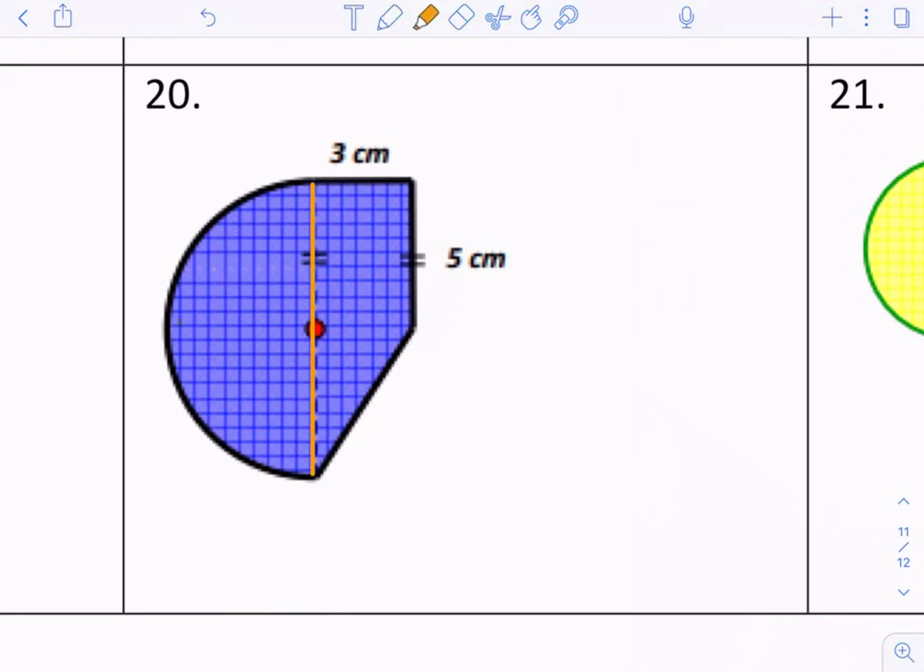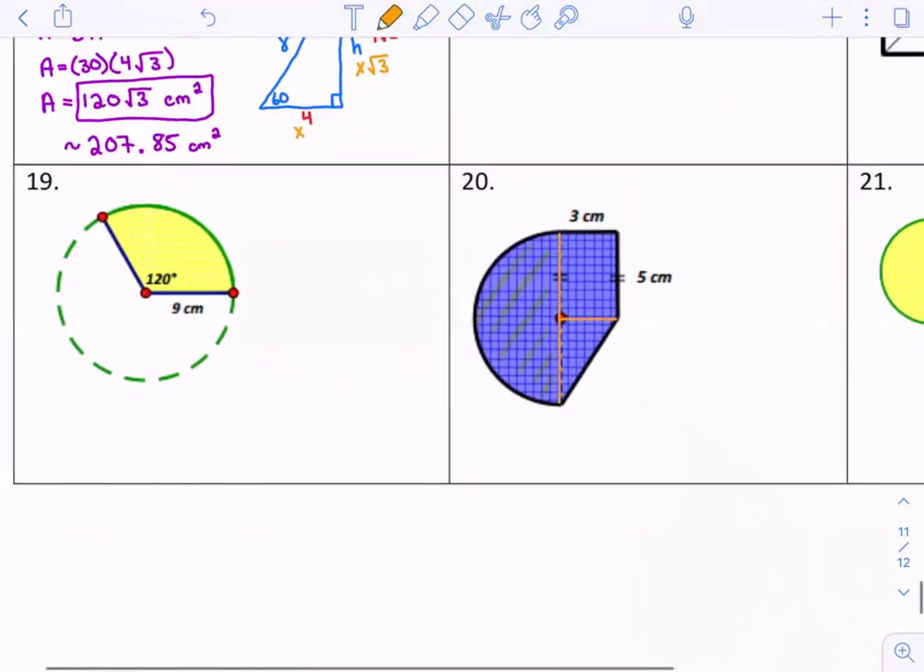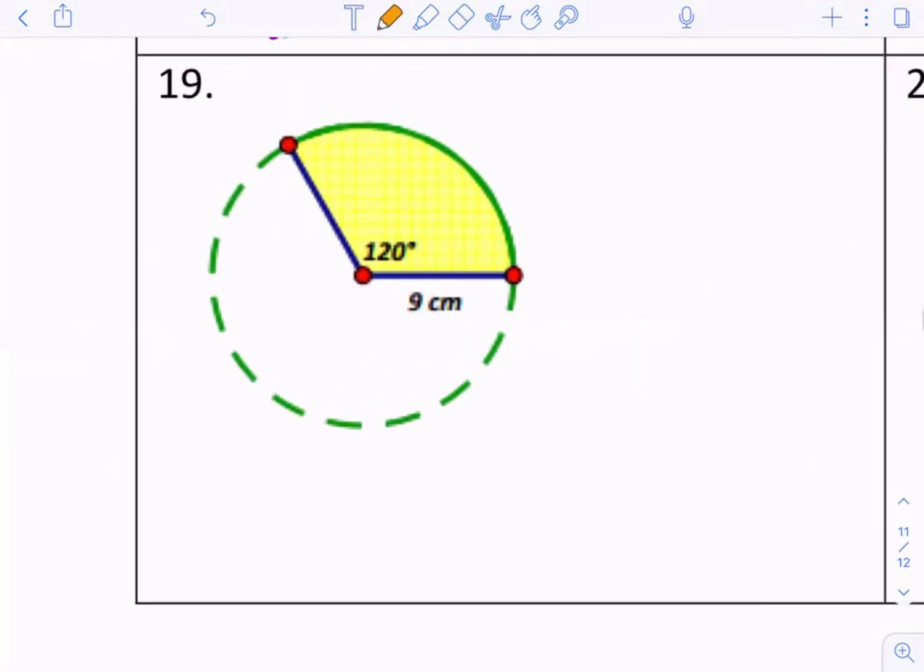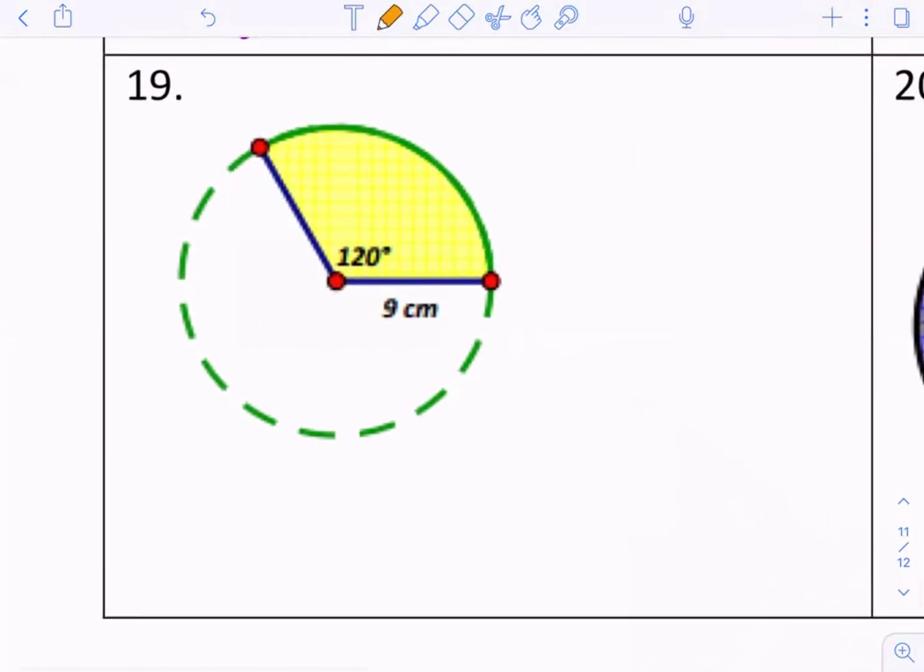Half a circle and a trapezoid. Or if they don't know how to do the trapezoid, they could also cut it into a rectangle and a triangle. That's also possible. Okay, so then I guess they can do 20. We'll just go over 19 then.